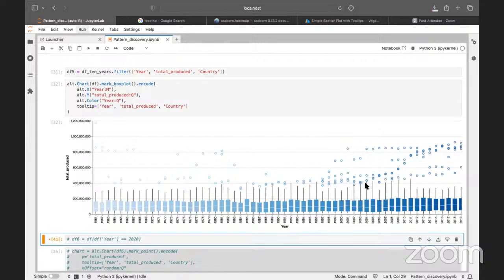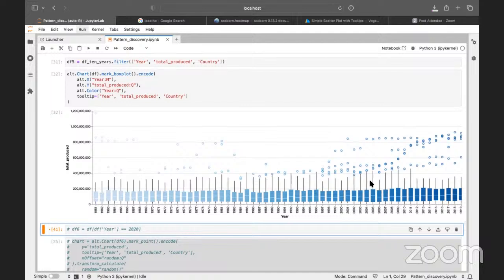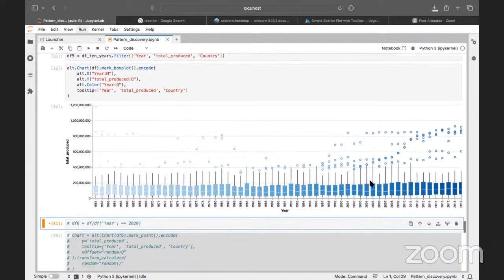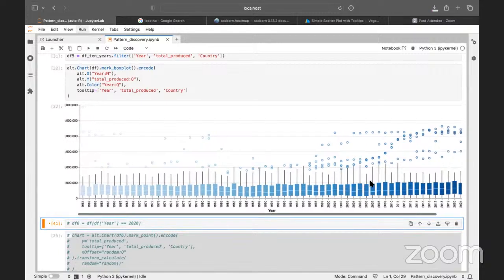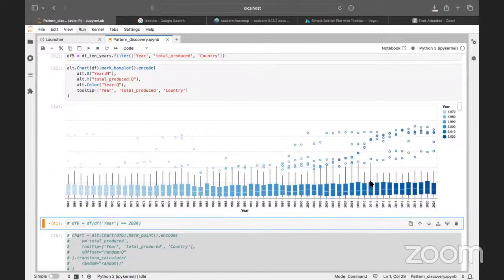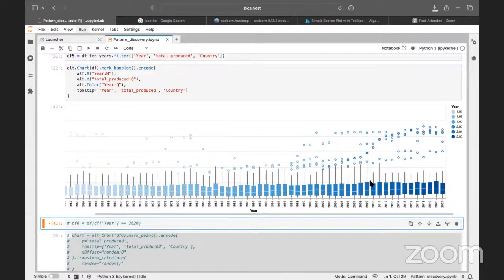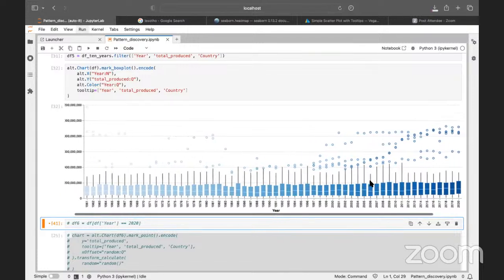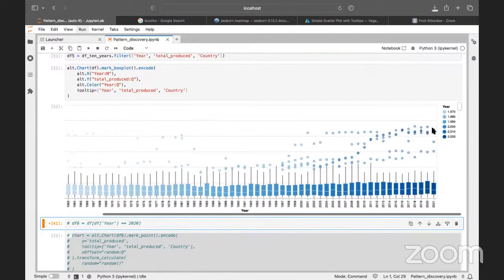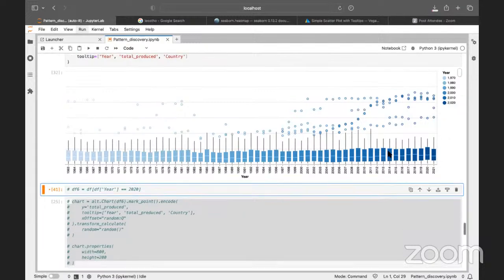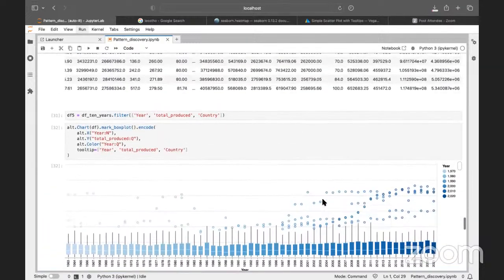A lot of countries are consistently outliers across several years. So this gives us a clue of where the range of our values typically falls, and also lets us know which countries are the outliers. So this is one way to look at it.